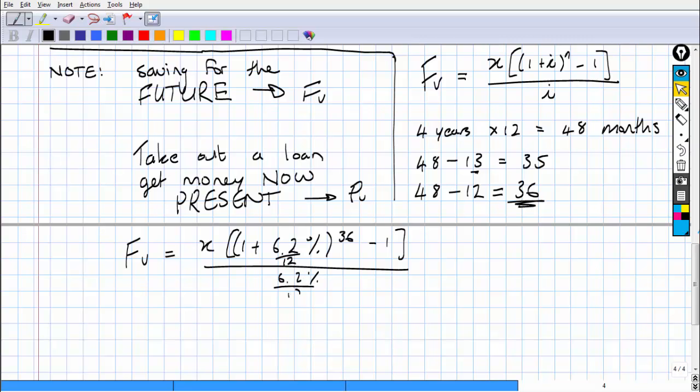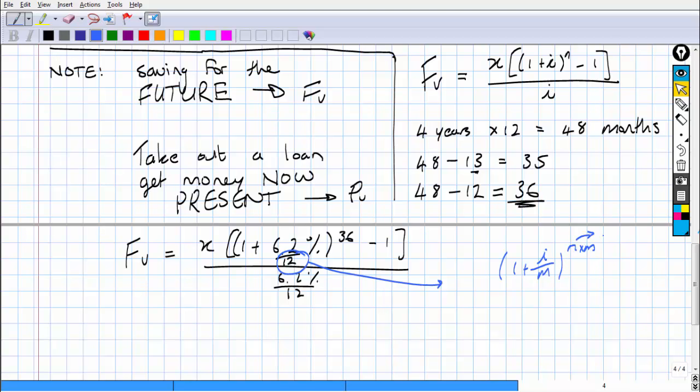Divide that by 6.2% divided by 12. Now just remember this 12 over here, your formula is 1 plus i over m, to the power of n times m.